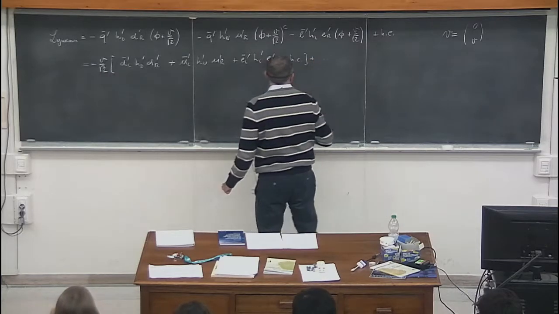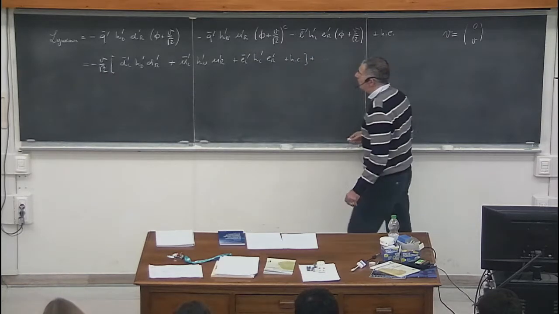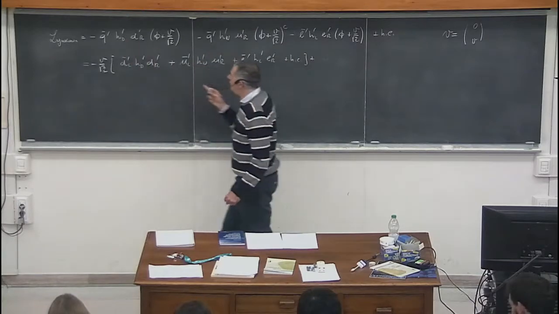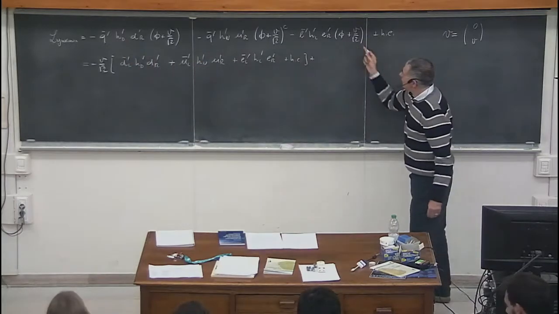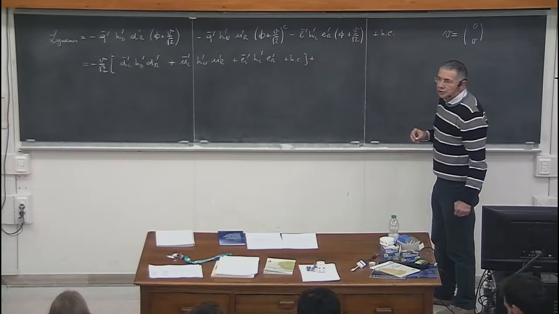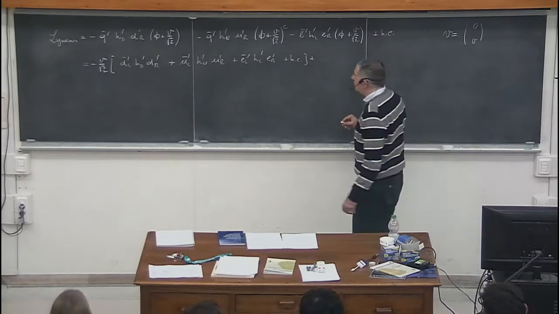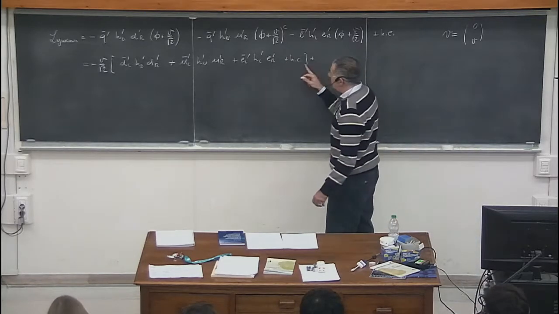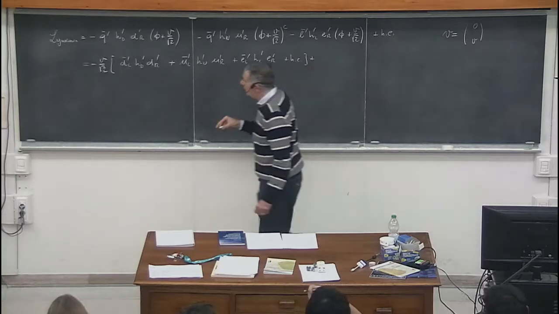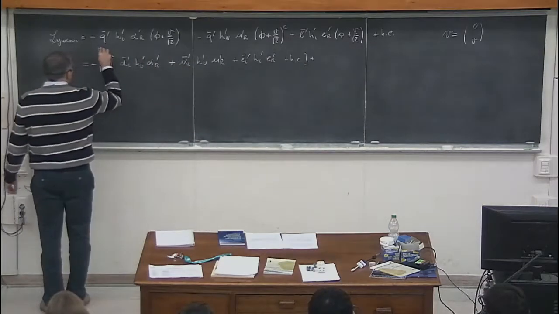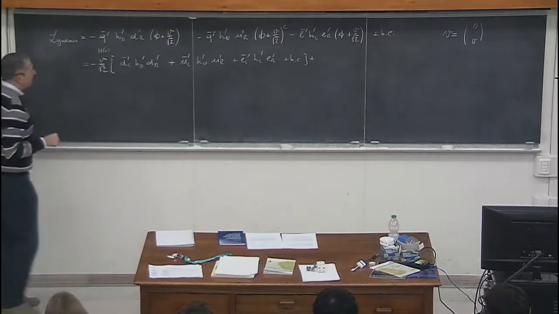Plus other terms which involve the coupling of the fermion fields with the Higgs field. Actually, in the unitary gauge, this would be exactly the same as this term I have already written down, with h of x at the place of v.